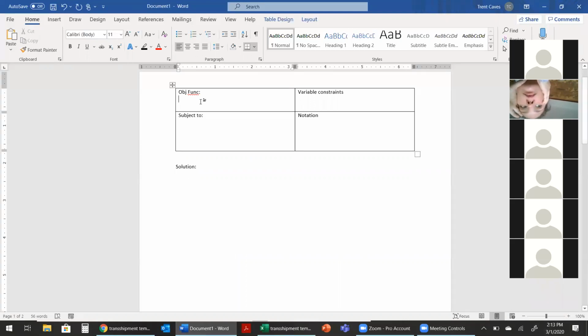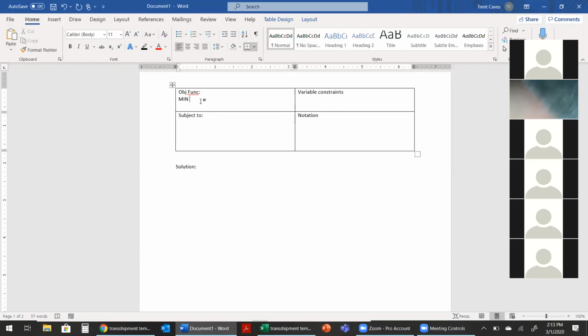So our objective function is to minimize. And our shipping costs are from plants to warehouses and from warehouses to retail outlets.